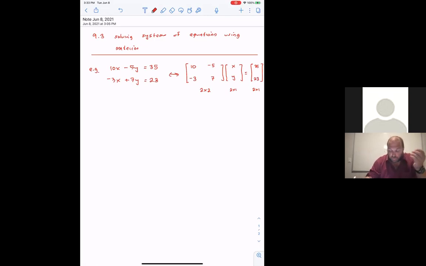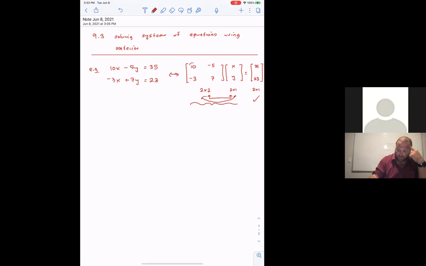Why are these equivalent? Well, let's think about it. If you take these two matrices here and multiply them out using our rules for multiplication, you get a 2x2 times a 2x1, giving me a 2x1 matrix, which is, of course, what I end with. And how do I do that?